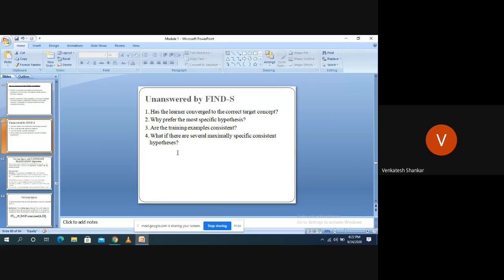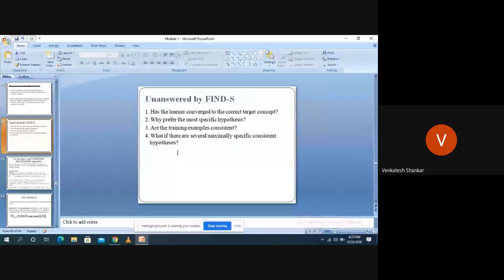But we can't check with the negative examples. It only evaluates with the positive examples. That is one of the main drawbacks of the FindS algorithm.